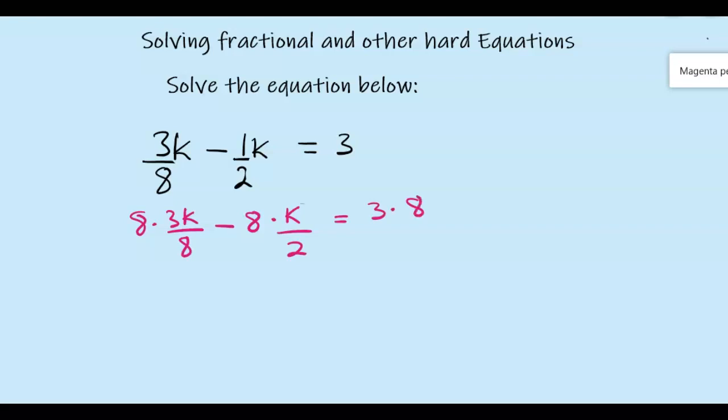Here we realize that 8 over 8 is 1. So this goes away, leaving us with 3k. Here we bring our minus. 8 divided by 2 is 4, giving us 4k, and 3 times 8 gives us 24.